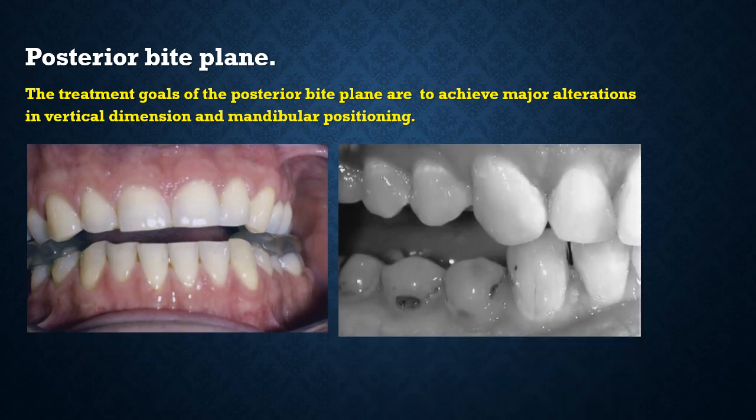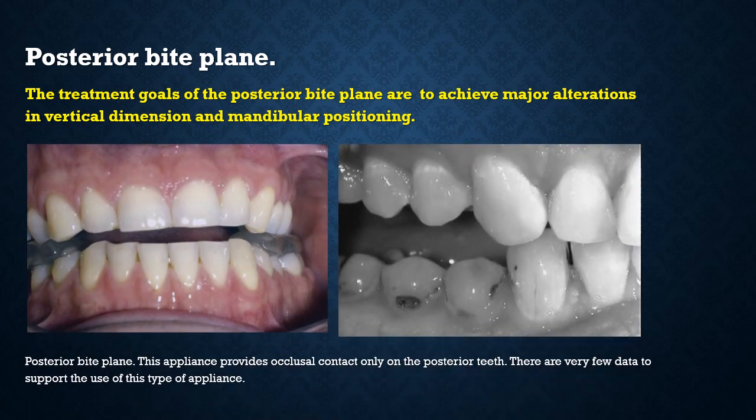Well, another type of partial coverage splint is the posterior bite plane, and the treatment goal of this bite is to achieve major alteration in vertical dimension and mandibular positioning, and actually it is advocated to be used in cases of severe loss of vertical dimension, or when there's a need to make major changes in the anterior position of the mandible.